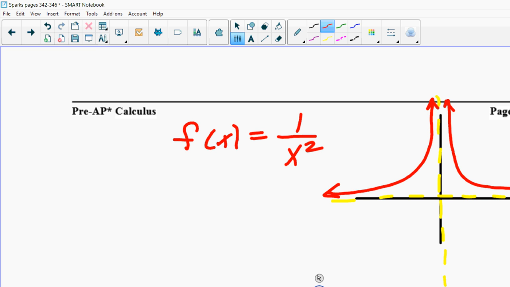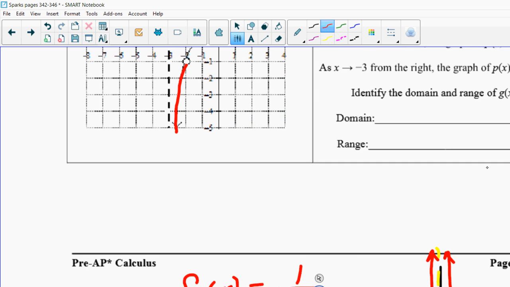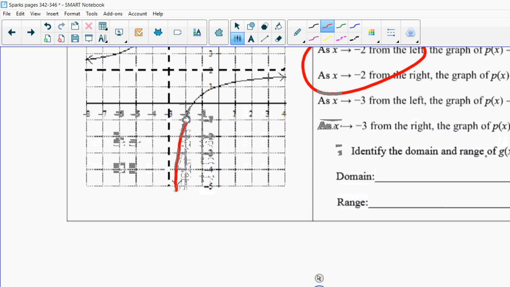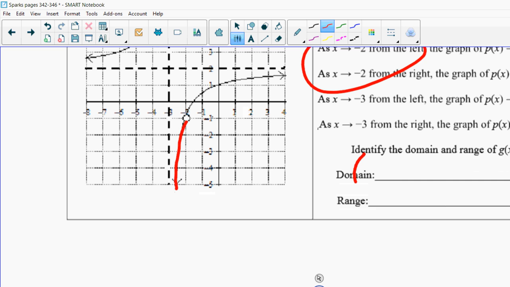What I'm saying to you is when you have a vertical asymptote, both sides can approach positive infinity, or both sides can approach negative infinity, or they can do one of each. Doesn't matter. All of those mean vertical asymptote. Domain and range. What do you have on domain? Okay, whoa, slow. Start again. Negative infinity to negative 3.